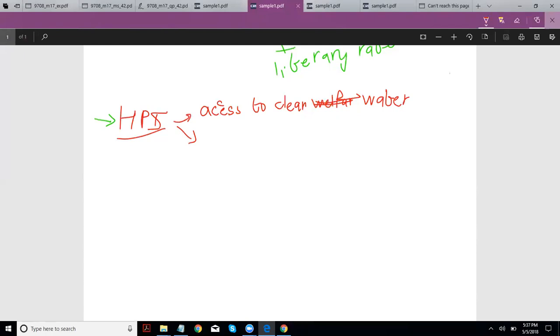So access to clean water. I think we should either include MPI or mention both together, because that's a better indicator. Yeah, so basically you can group together the poverty indices and say they look at stuff like access to clean water, healthcare, doctors per thousand, stuff of that sort.